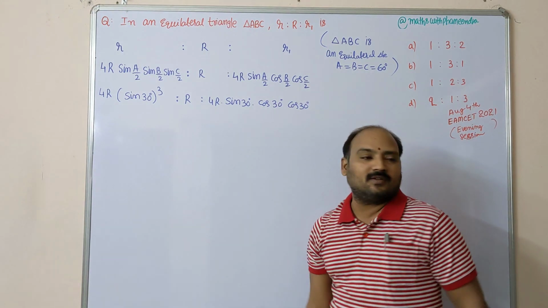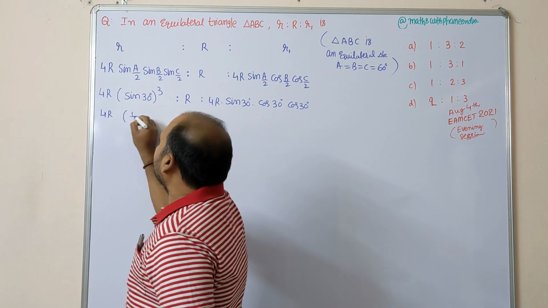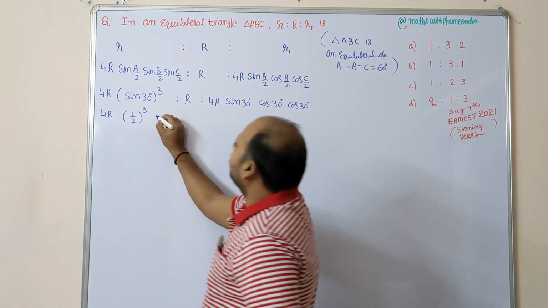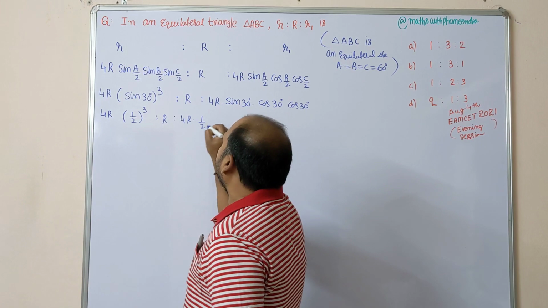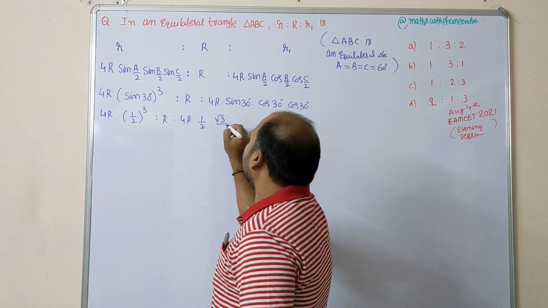Everyone understand that? Sin 30 is 1/2, so 4R (1/2) cubed is to R is to 4R (1/2) into cos 30, root 3 by 2, into root 3 by 2.